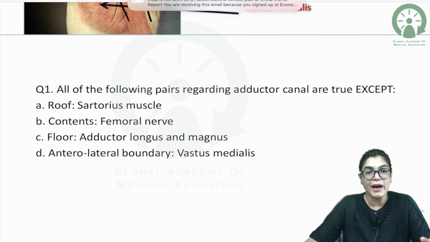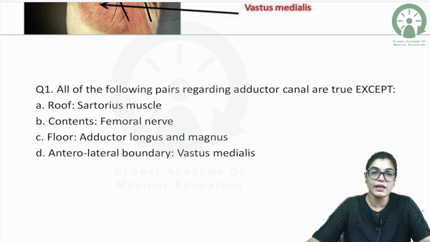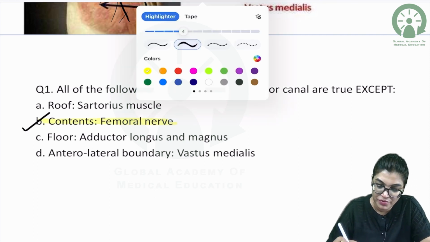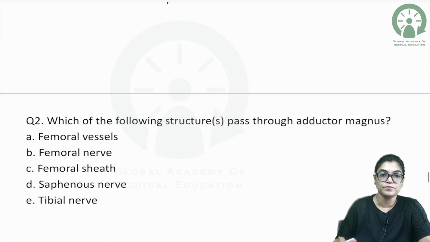All of the others match and are correct, because the floor is also called the posterior wall, so yes, it is formed by adductor longus and adductor magnus. So we definitely know that femoral nerve is not a content of the adductor canal. So the femoral nerve pair is absolutely wrong. Femoral nerve is not the content of adductor canal.